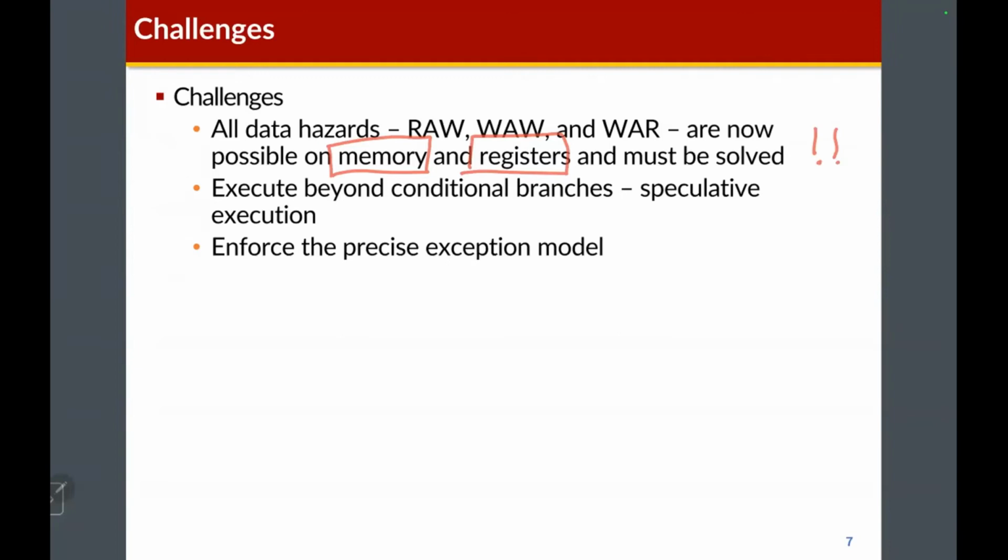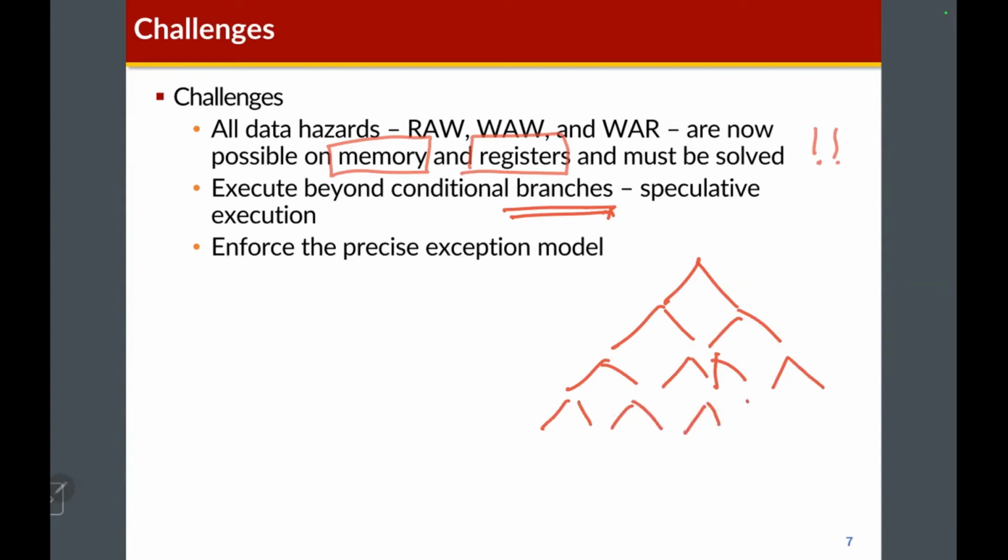Also, another challenge is the branches. The issue with the branch instruction is that we don't know which instructions can be fetched from the instruction memory. When the branch instruction is executed, the path of the code execution can look like this.